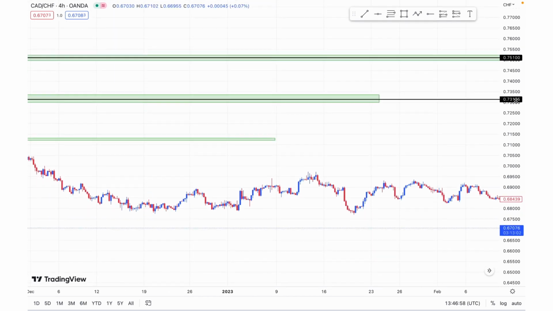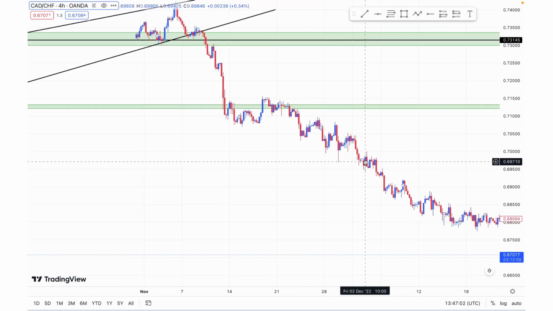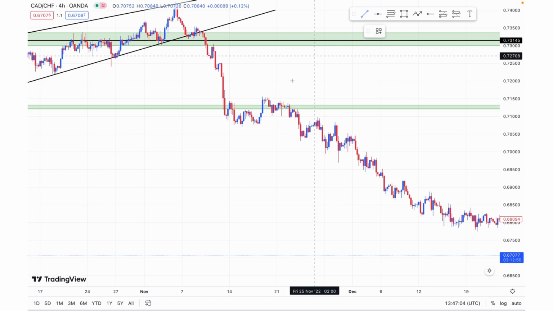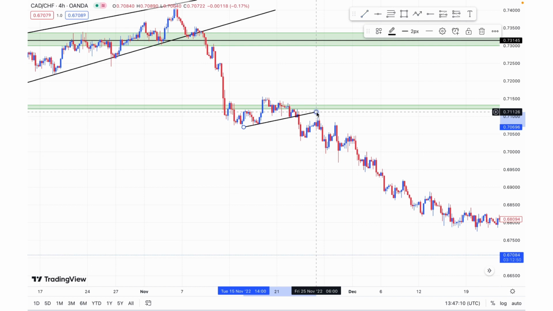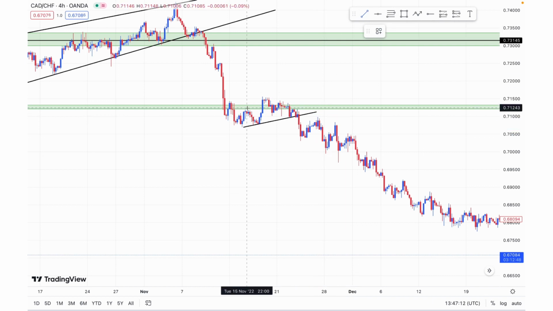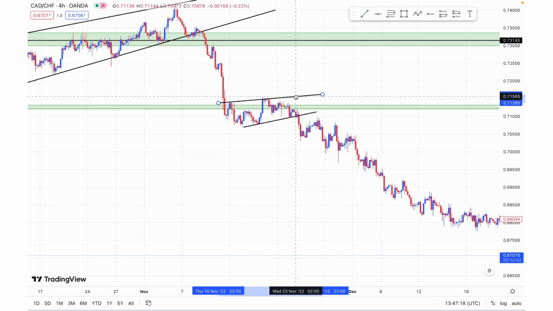What does a continuation flag do? If you're confused, it's basically, okay, maybe something like this. A continuation flag is basically something for you as a trader to know that the market price is consolidating and it will continue to push after the consolidation phase.